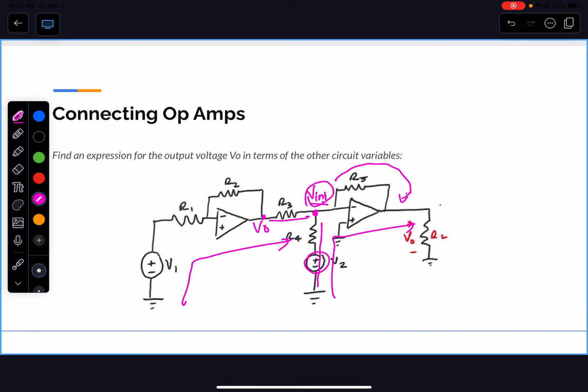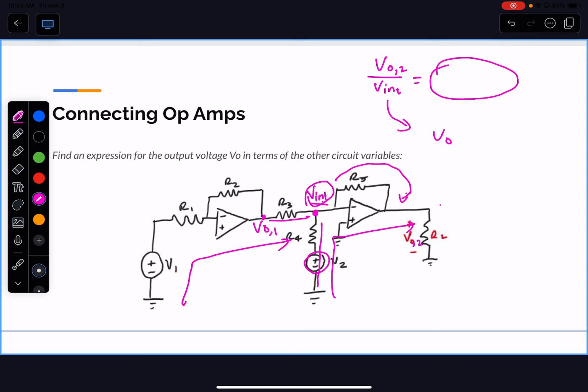So when you now analyze such circuits, the first thing you do is you start from the bigger circuit first. Or you can start from the small, it doesn't matter. But it's good to start from the bigger one, the more final one. So you get your expression between your V int, V naught over V int, and it gives you that expression. Then you take your V int, you find your V naught 2.